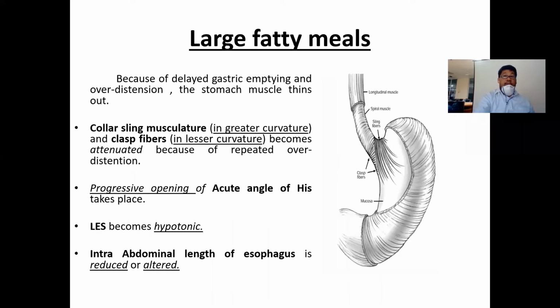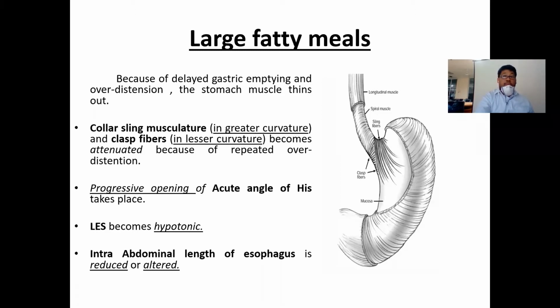And regarding the larger fatty meals, because of delayed gastric emptying or over distension, the stomach muscle thins out. The important muscle which we have already discussed is the sling fibers. It starts from the greater curvature, you can see, and goes down, and these are the clasp fibers. In a circular manner, it is found in the lower esophagus.